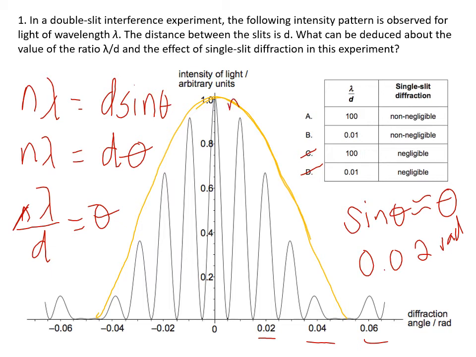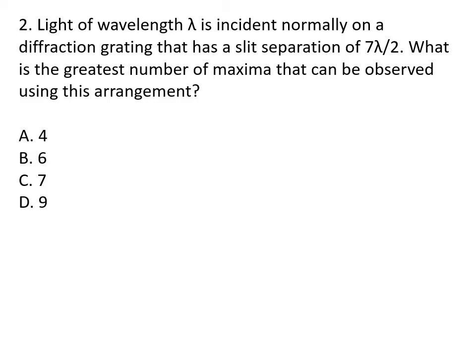For n equals 1, that would be this peak right here. We just need to figure out the angle between n equals 0 and n equals 1. So I just have to look at the graph. This is 0.02, so this has to be 0.01, 1 over 100. In this case, lambda over d is 0.01. It's that easy.